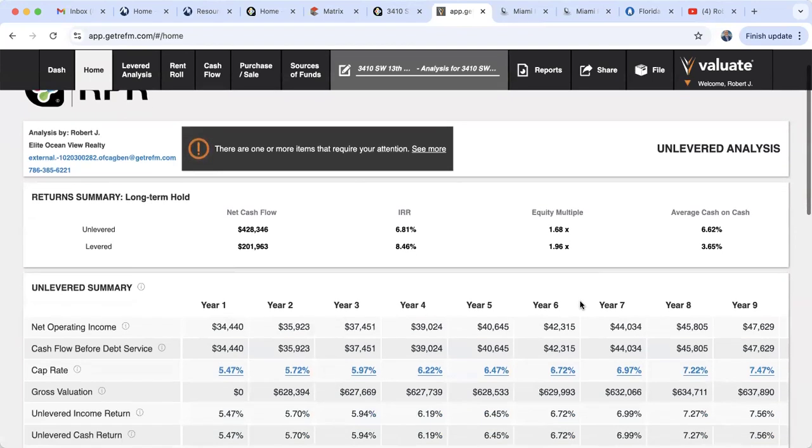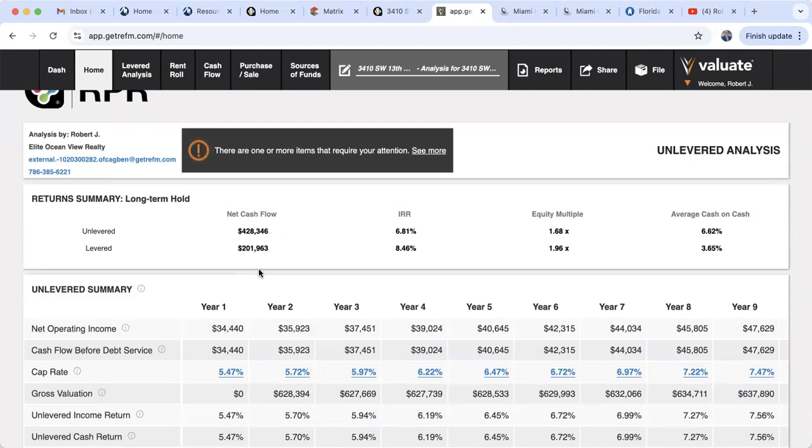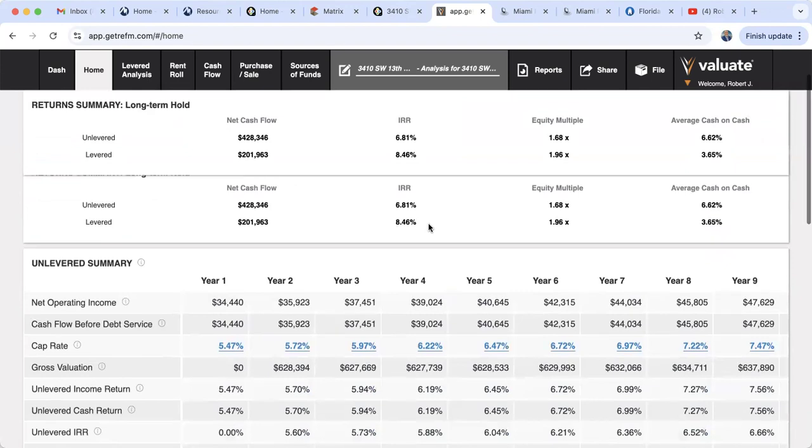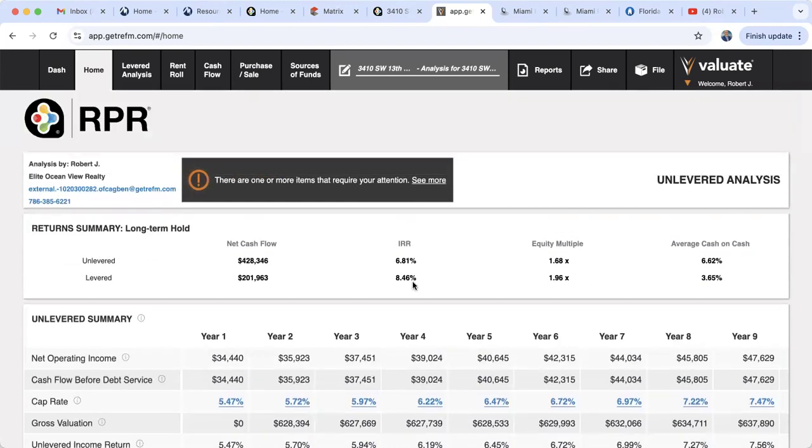But here we have 2 values. We have an internal rate of return, and we have an average cash on cash. Unlevered means cash transaction. Levered means a financed transaction. So it is no surprise that you get a better return on your investment if you finance than if you put all of your cash towards one property.